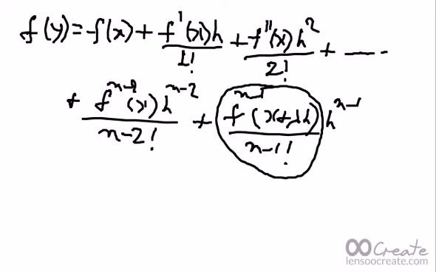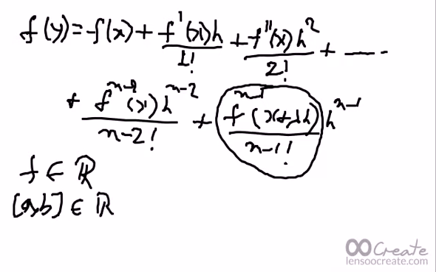So this function is continuous, and from the Weierstrass theorem, and the domain of f is [a, b], which belongs to R^d.